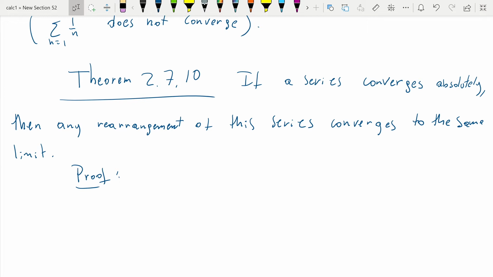But the point here is that no matter how you shuffle the terms, you're going to obtain not only a convergent series, but you don't have a choice on what this new series will converge to. No matter how you add the terms, you're going to obtain the same value in the limit. And this is the important point.